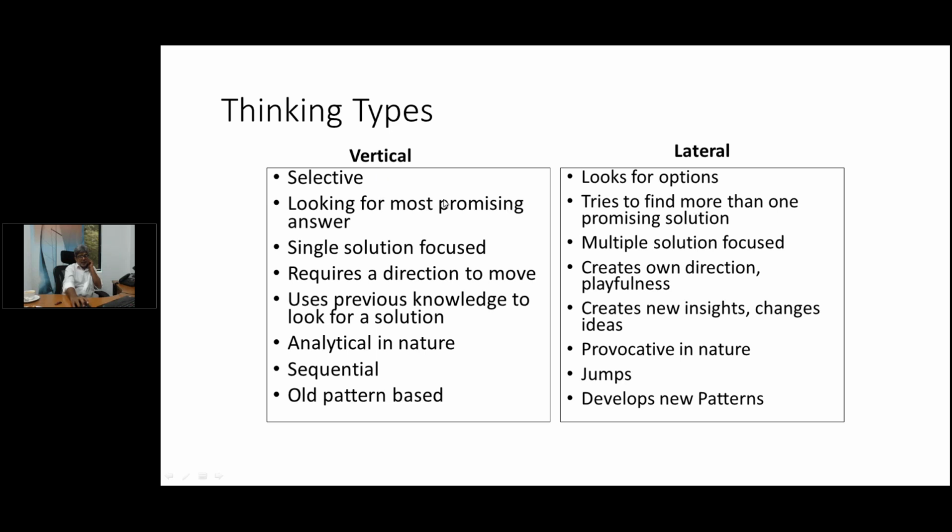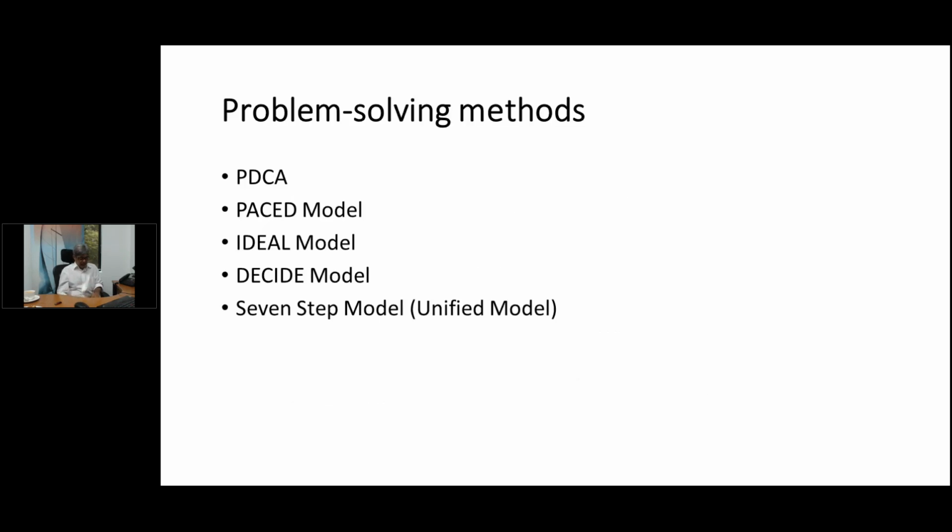We have different ways of looking at the problem. The lateral looks for options, tries to find more than one promising solution, and stuff like this. Again, there are many ways to classify and categorize different types of thinking. Okay, fine.